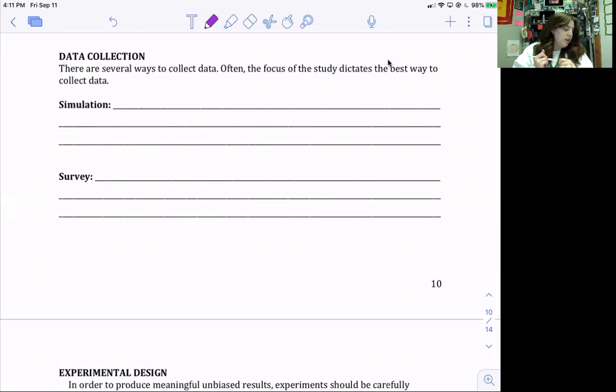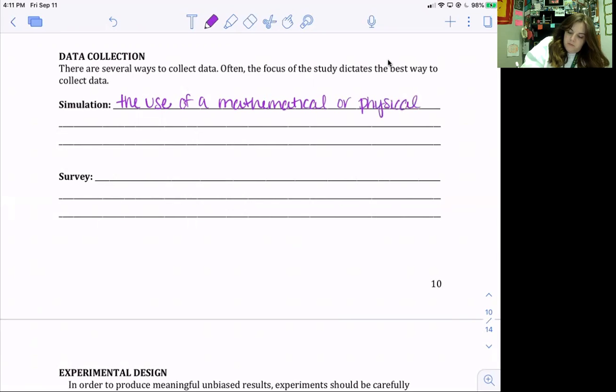So the first one we're going to look at is simulation, and this is the use of a mathematical or physical model to reproduce the conditions of a situation or process.